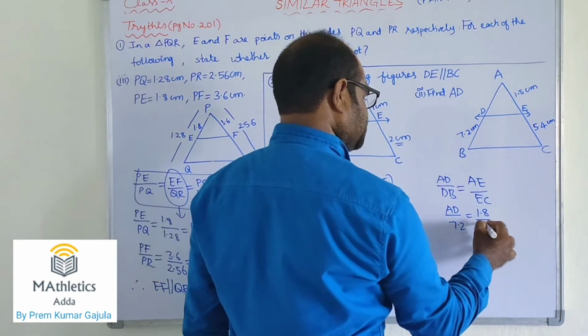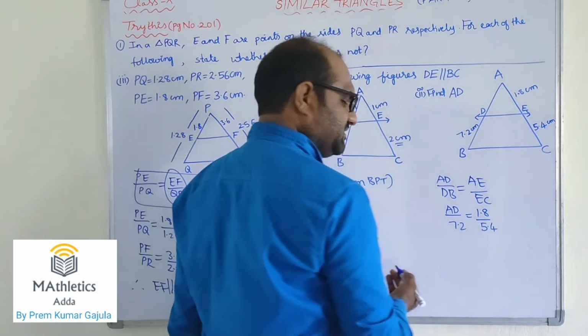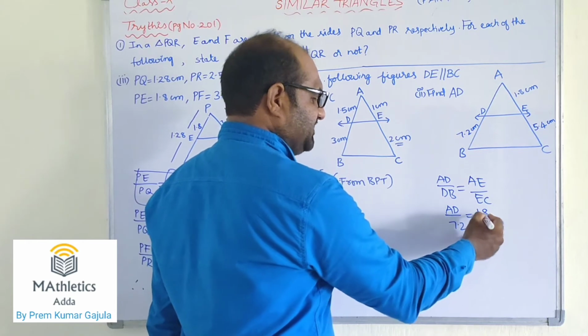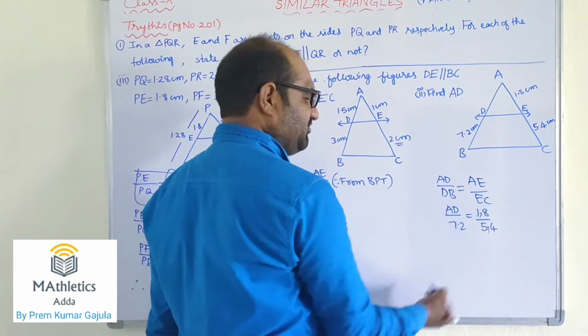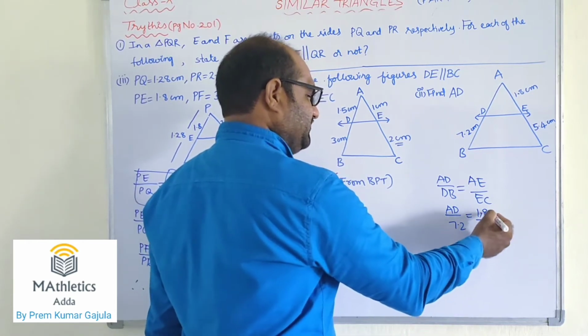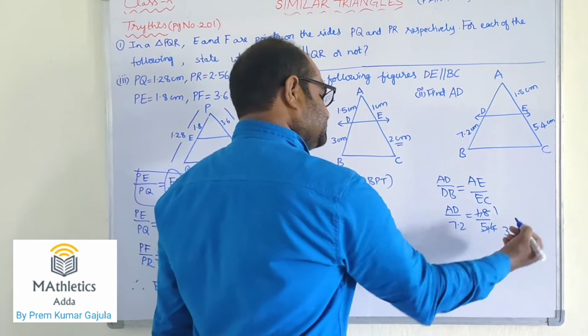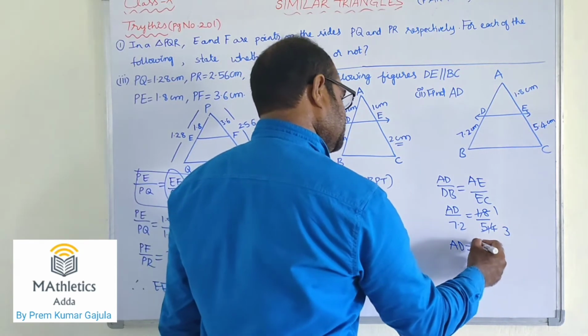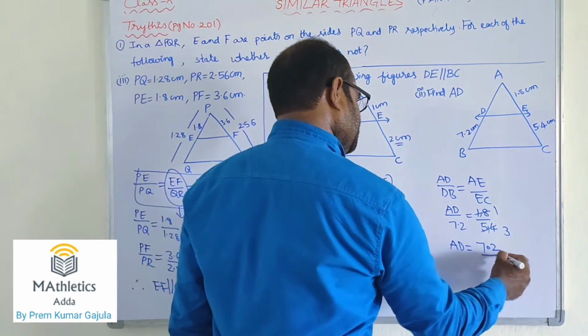By EC value is given as 5.4, so write. So here on the right side, same number of decimal places are there, so I am cancelling the decimal point. So now it is 18 by 54, 18 ones are 18, 18 threes are 54. Okay, now I want only AD, so I am shifting that side, so it becomes 7.2 by 3.